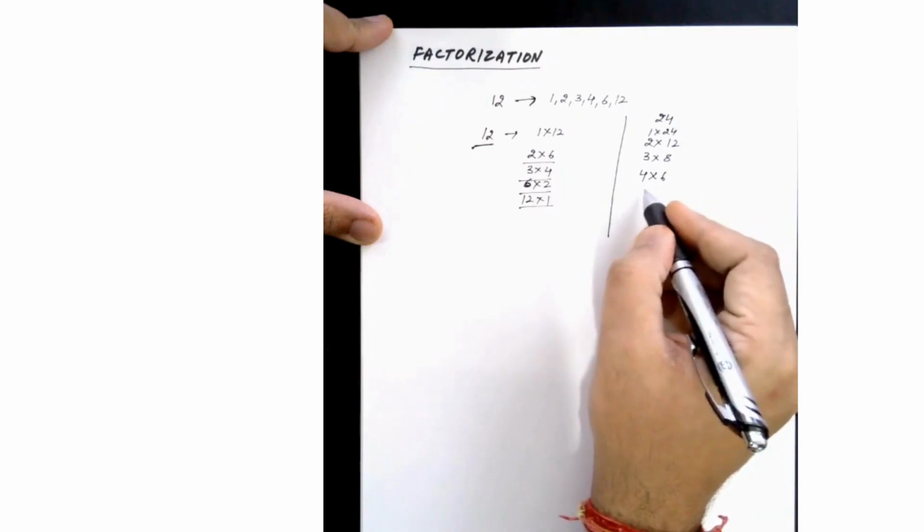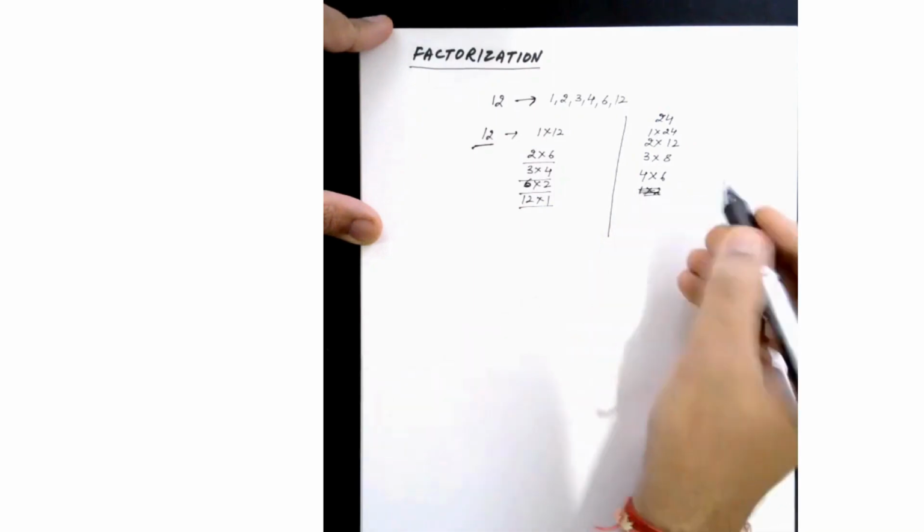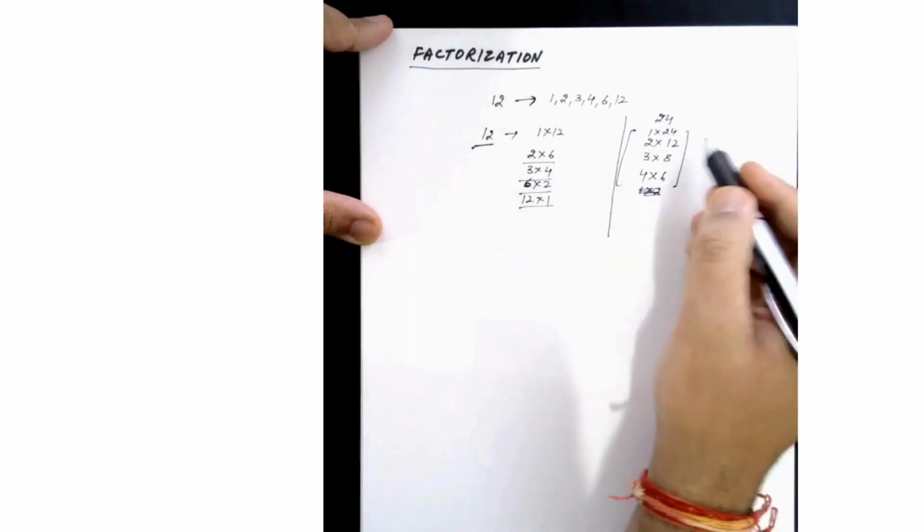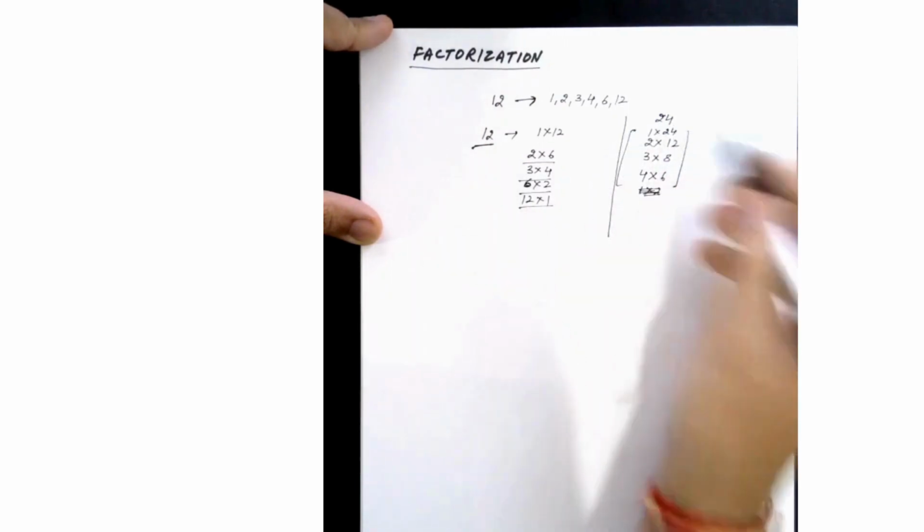These are all examples of the factorization of a composite number.